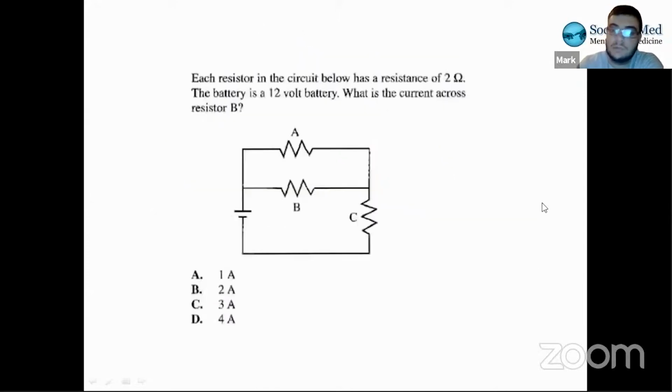All right. I'm going to start the poll question. Take the time, and like I mentioned, use the rules that I gave before, not just for resistance, but for voltage and current as well.